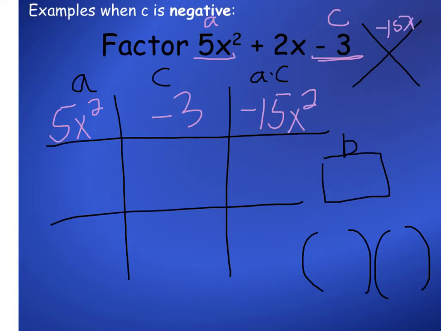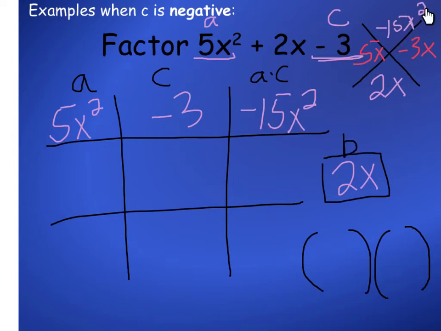Now I look at my middle term, which is 2x, and I say to myself, that's going to go right here. What do I multiply? What multiplies to make negative 15x squared, but adds to make 2x? Now the answer to that would be 5x multiplied to negative 3x. 5x multiplied to negative 3x is negative 15x squared.